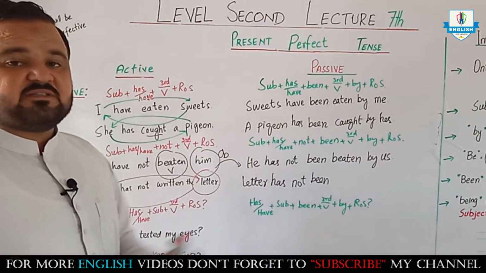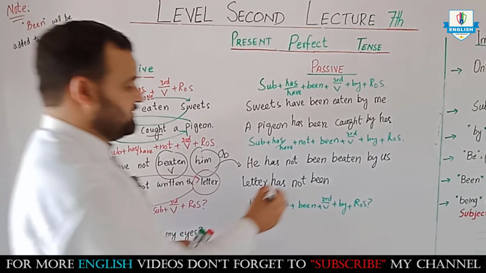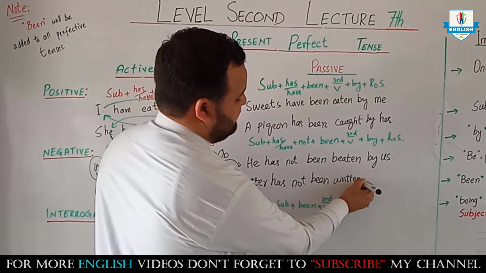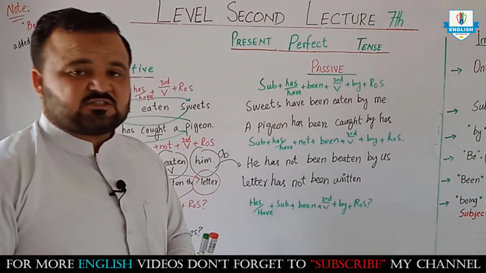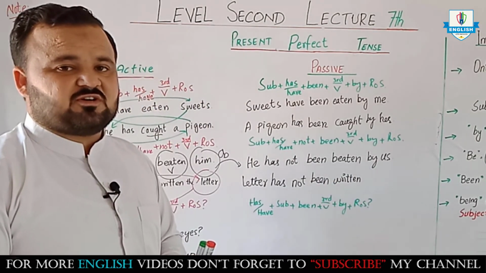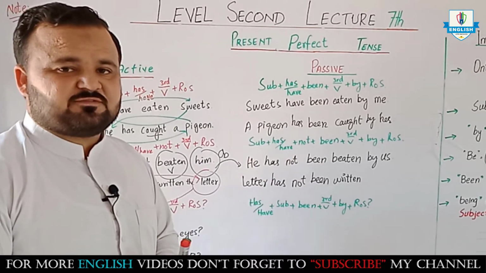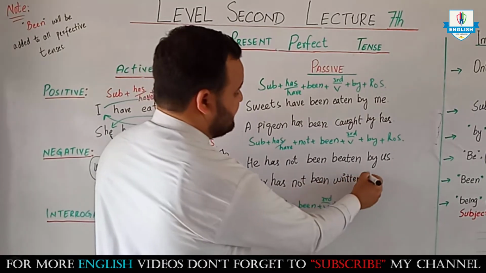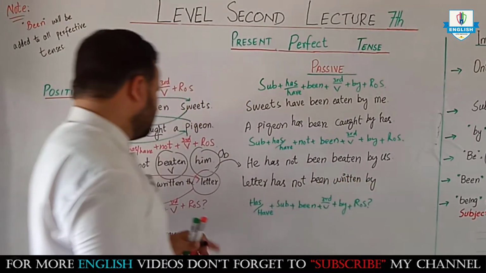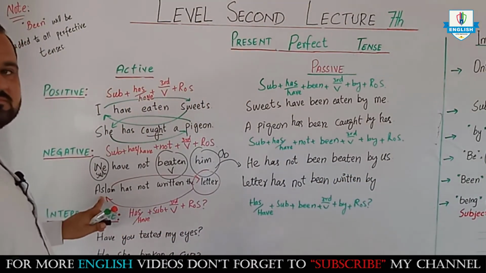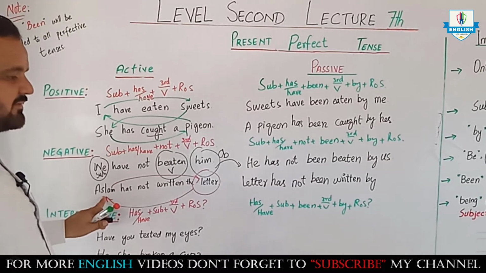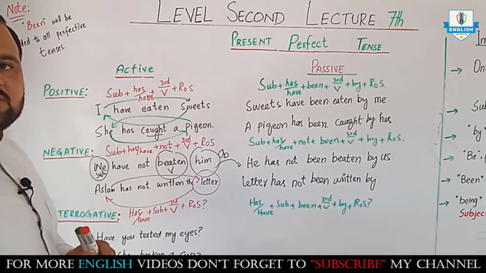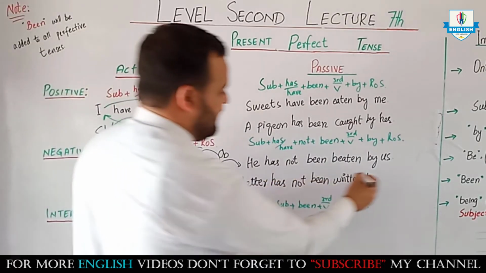Letter has not been written. There will be no change in form because perfect tense have already third form and all the passive structure have third form. Letter has not been written by, in place of Aslam. Aslam is, there will be no change in the subject. By Aslam.